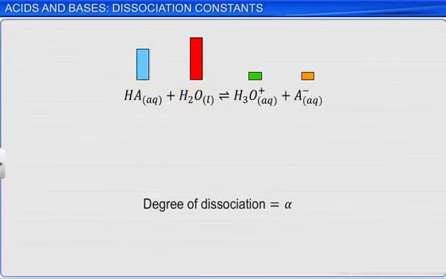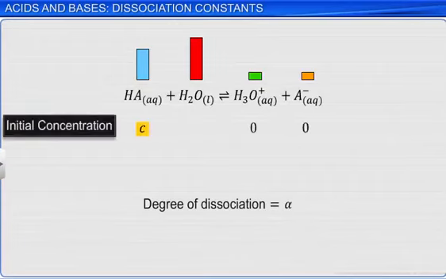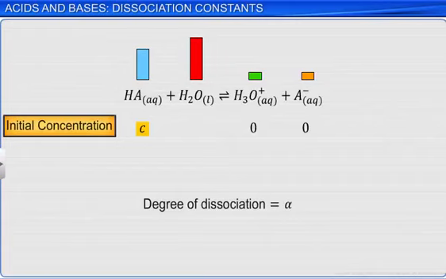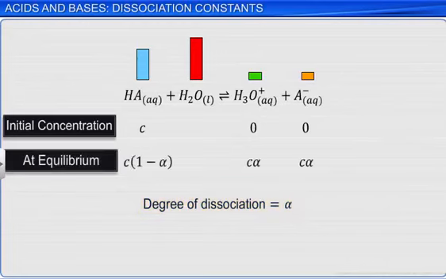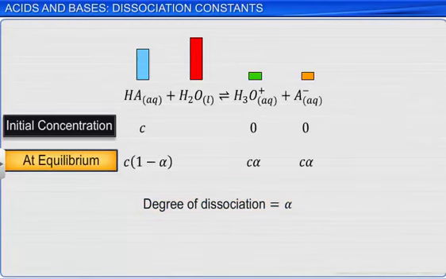Let C moles per liter be the initial concentration of weak acid HA, and let alpha be its degree of dissociation. At equilibrium, the number of moles of the reactant will be C(1 − alpha), and that of the products will be C alpha and C alpha respectively.